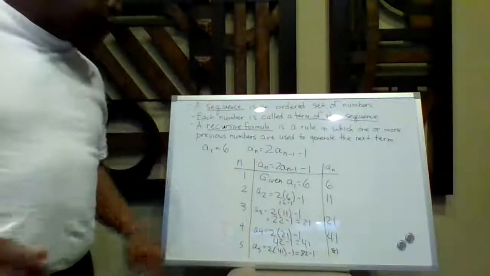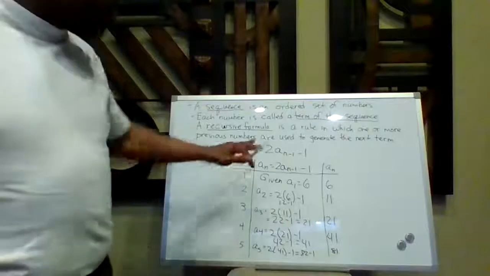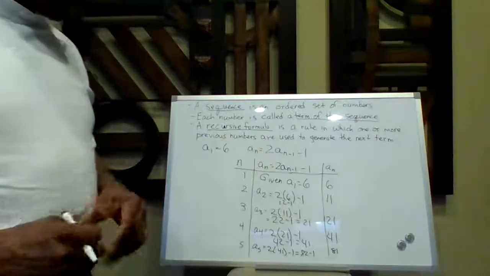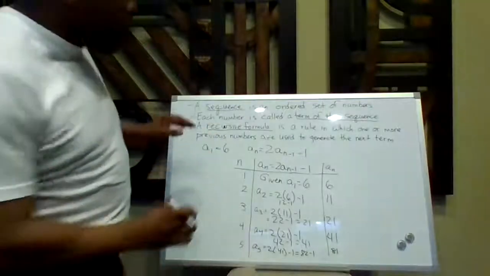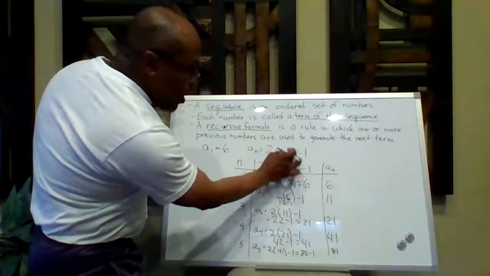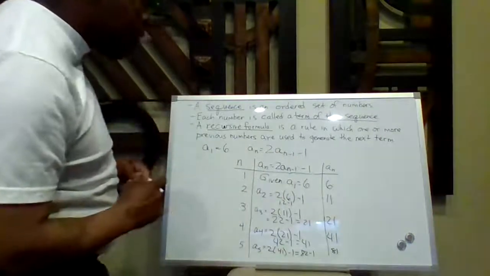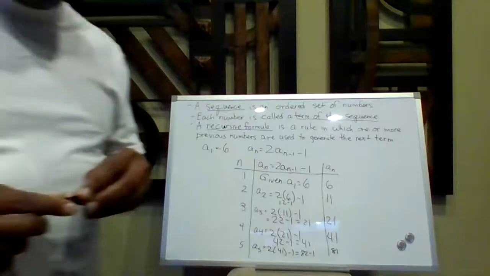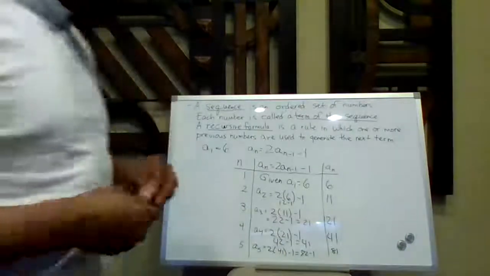So now we found the first 5 terms of this recursive formula, 2 times a sub n minus 1, minus 1. So we want to multiply 2 times this term, that binomial I would call it. So that's number 3.